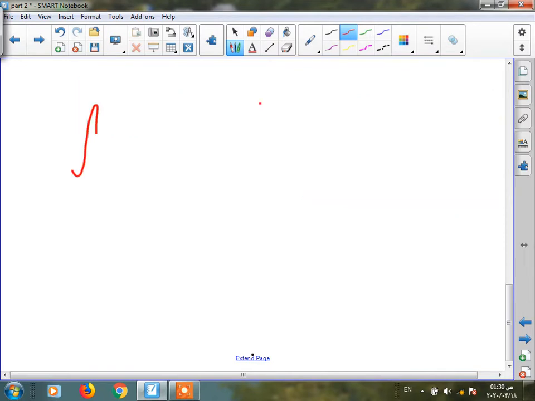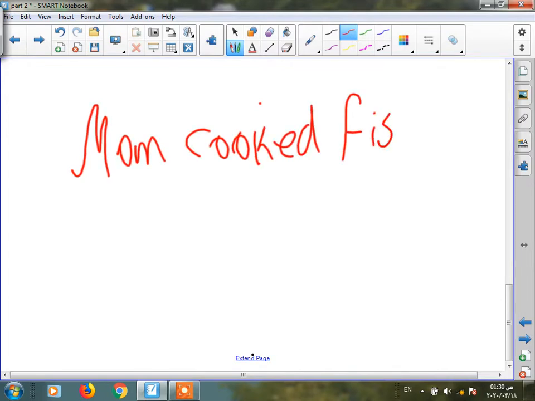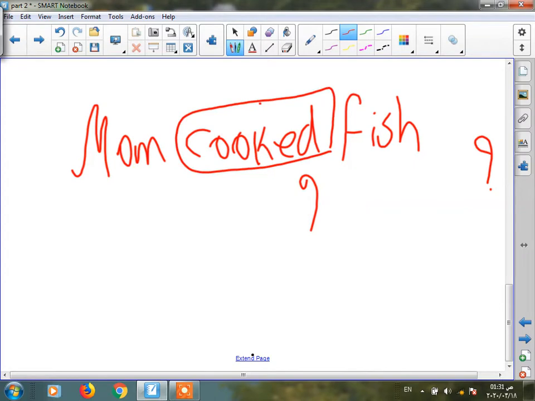If I say mom cooked some delicious fish yesterday and I would like to write a question tag here, let's look at the verb. The verb here is cooked. What about the tense of the verb? Is it present or past? Your answer will be past because we have ed at the end.